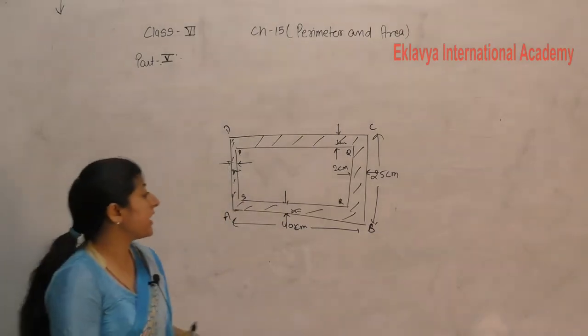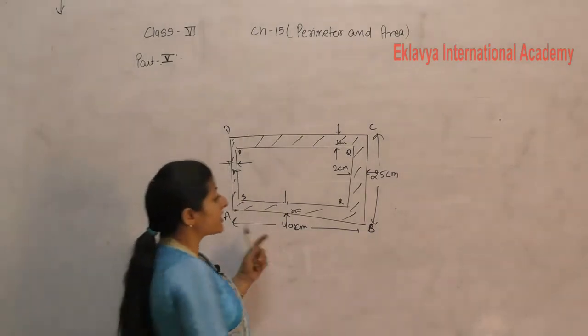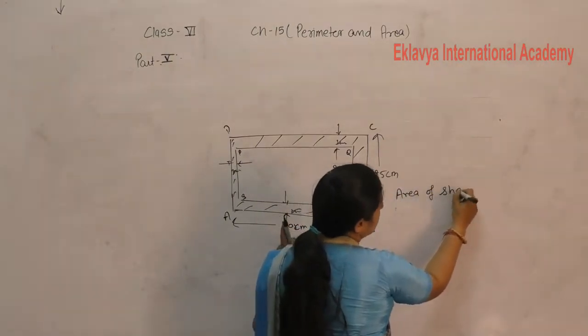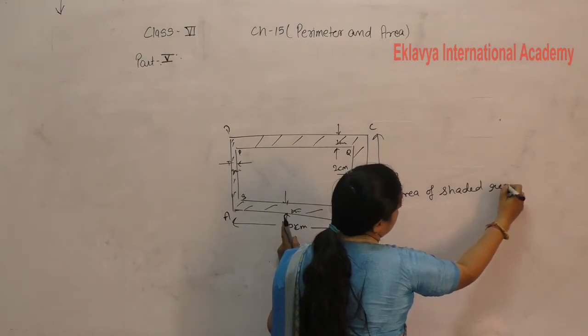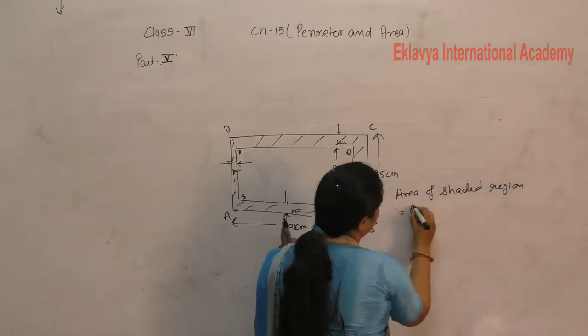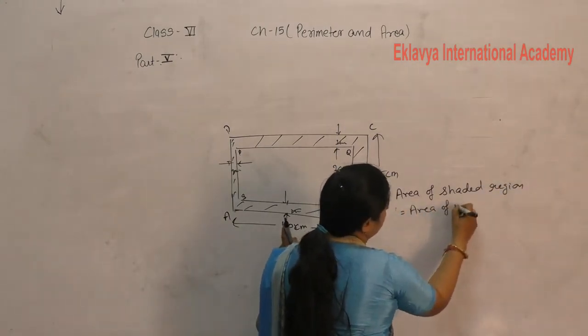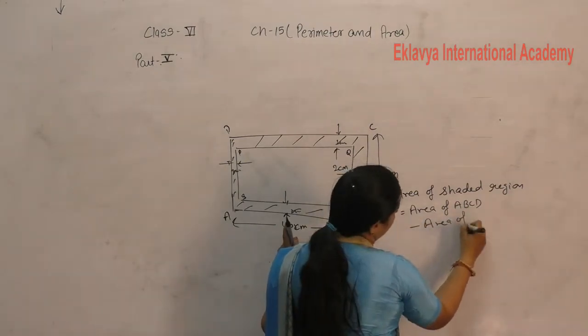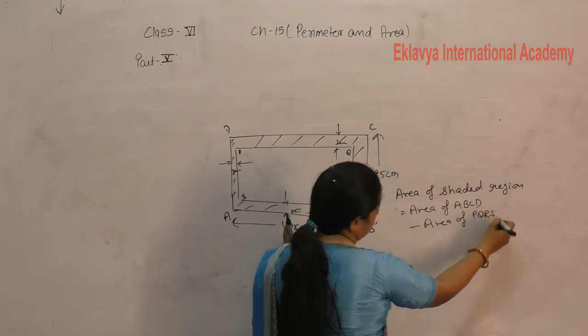How to find out the area of the shaded region? Firstly, area of shaded region is equal to area of rectangle ABCD minus area of PQRS.